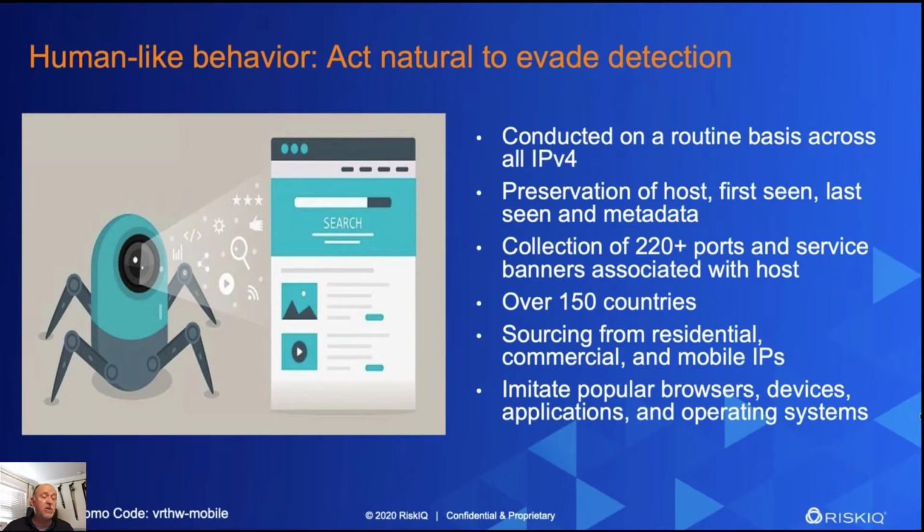We collect over 220 different ports, and we come out from 150 different countries, from commercial, residential, and mobile IP space. We appear as every type of device and every type of browser in order to become the intended victim. So I say we act like your parents on the internet.